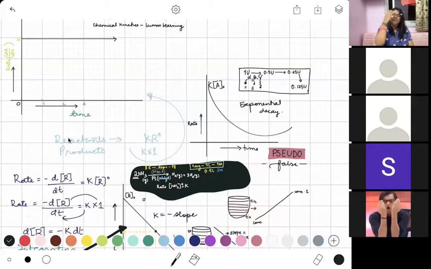Next time when we meet, we are going to find out the way in which you can find out the K, that is the slope of your reaction. The next thing that we are going to do is find out how exactly to write the half-life. I kind of explained the half-life here, but we are going to note down how you can find out the half-life of a particular reaction.